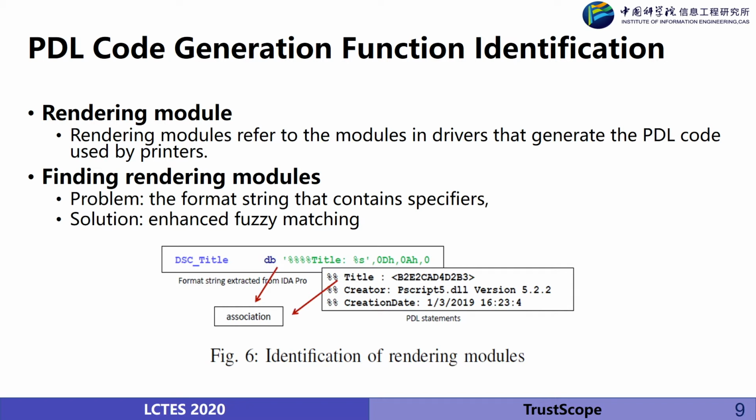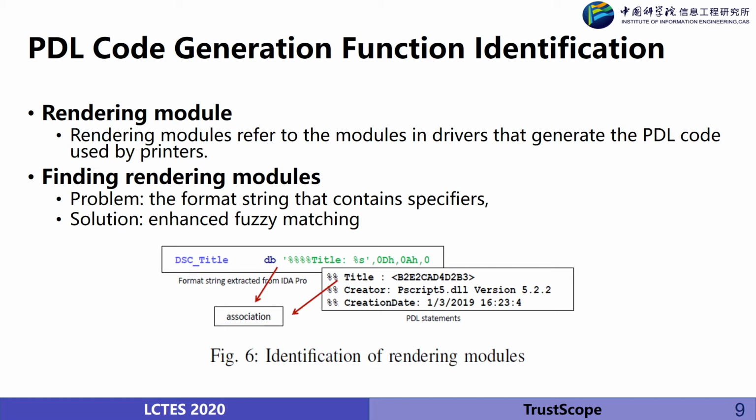Output modules refer to modules in a driver that generate the PDL code used by printers. We are specifically interested in output functions that are the final point at which actual PDL code is generated. We must first find a module within a driver that contains them.